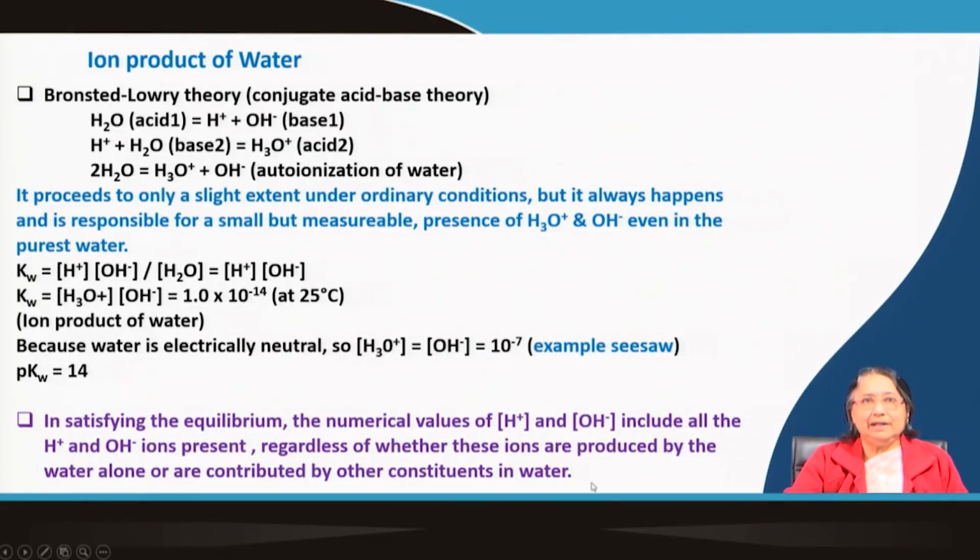This is very important, and when H plus ion concentration becomes higher, OH minus ion concentration must go to a low value. This is just like a seesaw.